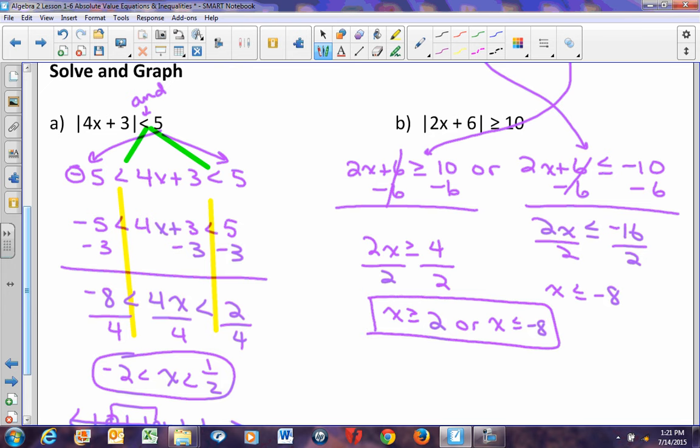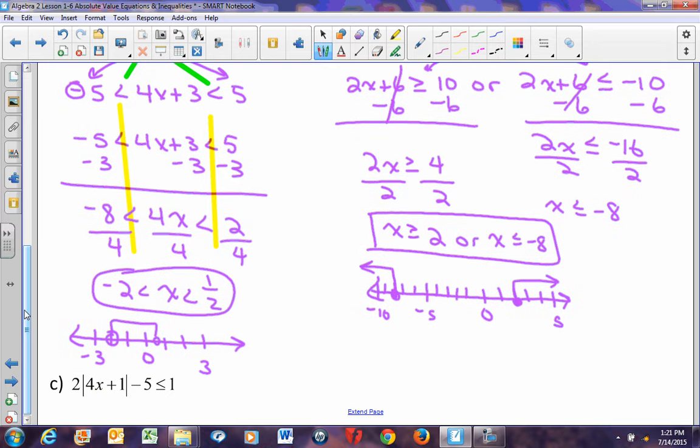Now we actually have to graph it. So x is greater than or equal to 2. Well, it's equal to 2, the line to the right. Less than or equal to negative 8. Well, it's equal to negative 8, line to the left. You must remember when you have an absolute value inequality, you will have two solutions. So you have to write them both.